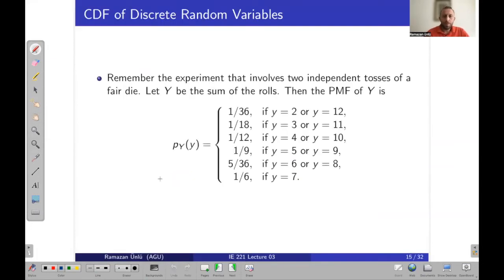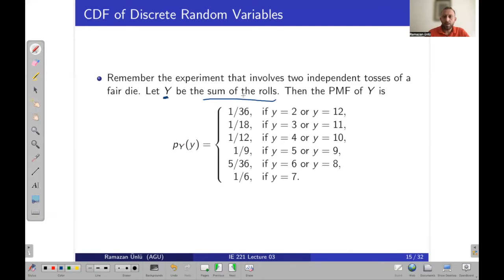So remember the experiment we did in the previous parts: let's say we roll two independent fair dice, okay? And let's say our interest is the sum of the rolls. We define the sum of rolls by y, okay?